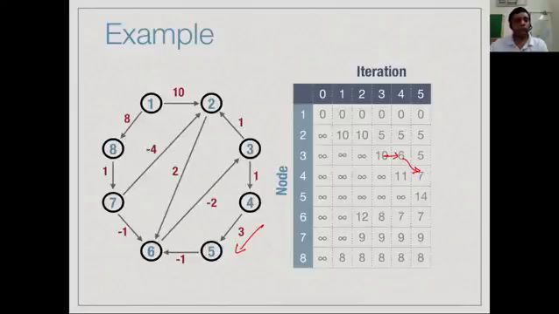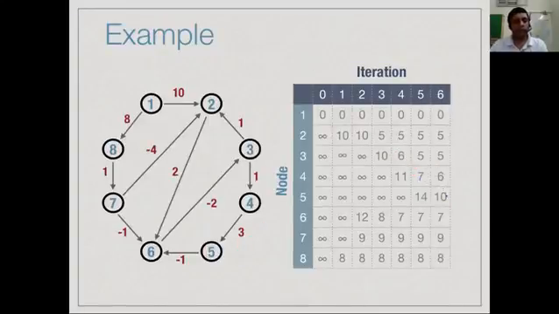This will get propagated after one more iteration, so now this value comes down from 14 to 7 plus 3. But in this process, what has happened is that the value of 3 has itself gone down one more time, right? So its value again reduces the value of 4. And then finally, after the n minus 1th iteration, we get a stable set of values. So these now turn out to be the shortest paths to all the vertices from the start vertex 1.